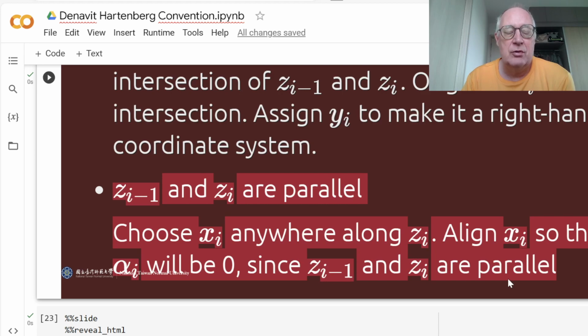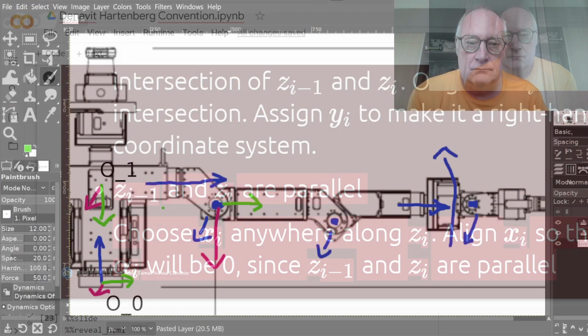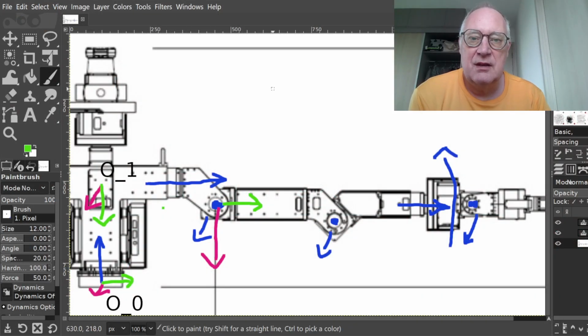So there's no rotation around x to align those two. So when we look at this case here, now x has to connect those two, right? So we're dealing with this case.